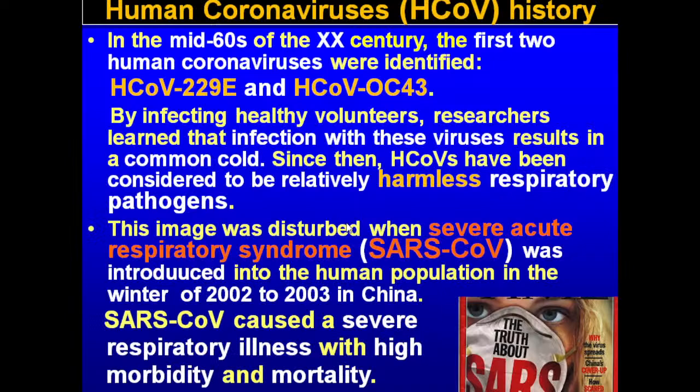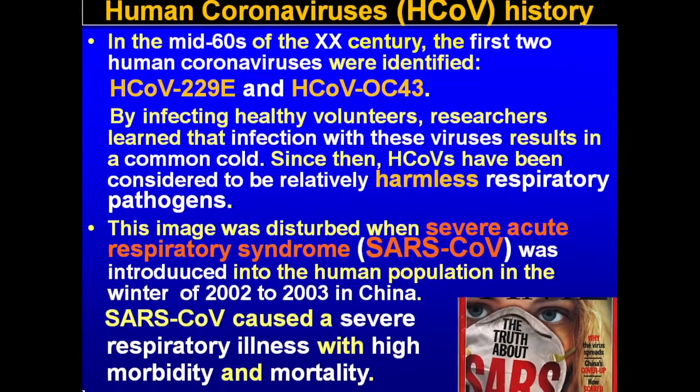Before we discuss the new coronavirus, I would like to demonstrate a bit of the history of this virus's appearance, okay? The history is that those human coronaviruses were first discovered in the mid-60s of the 20th century.